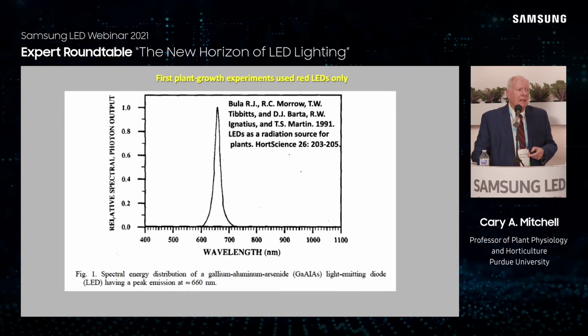Now, the little history here. Here's from the first publication, and there is the emission spectrum of the red LED that they were growing seedlings under initially at first, and then they thought, well, we might need a little bit of blue light, but they didn't have enough efficiency from blue LEDs yet, so they used very small fluorescent lamps.